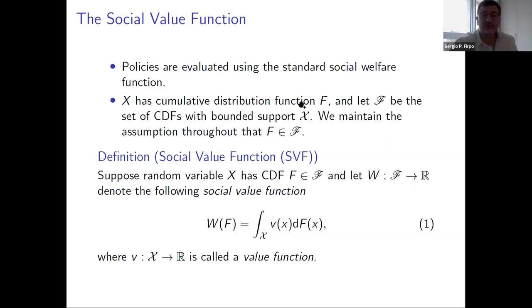It's distributed according to F, which is in this set of admissible CDFs, with bounded support calligraphic X. The bounded support helps us a little bit, even though it's not crucial. Let's say that the welfare function is a function of the CDF of X.